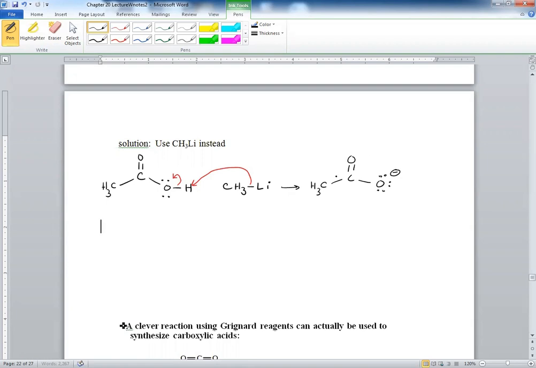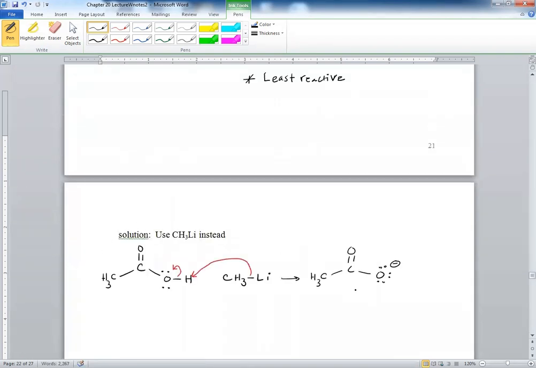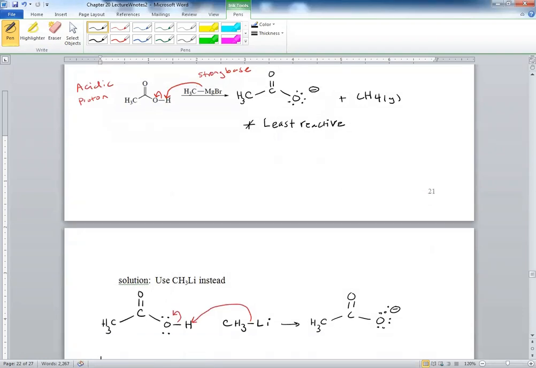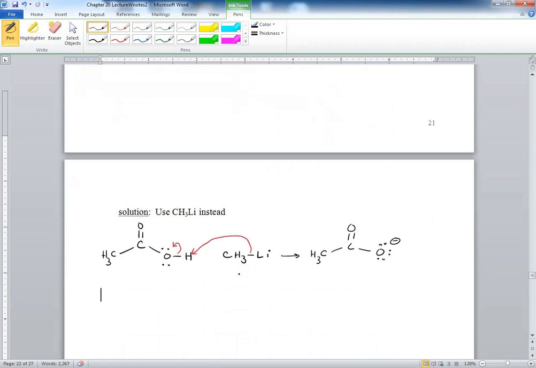There's no difference. How come the reaction is different? So if you notice, we still have the same thing: carboxylate, which is the least reactive. The difference here is that, once again, the organolithium is more reactive than Grignard.